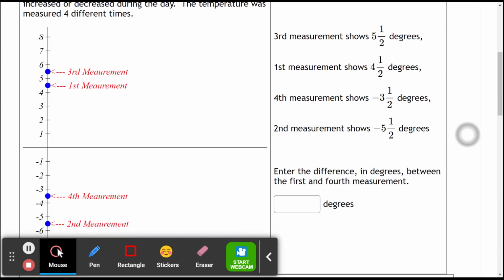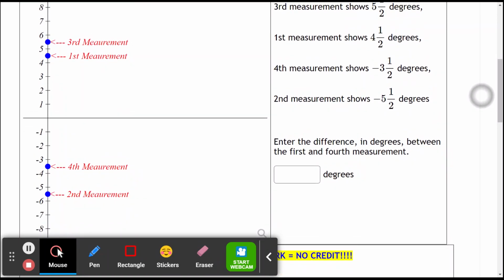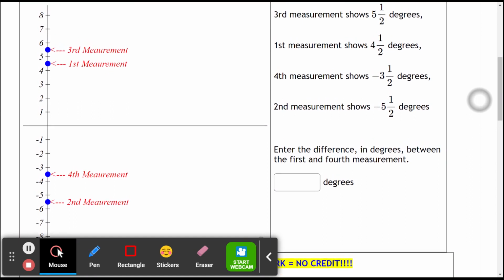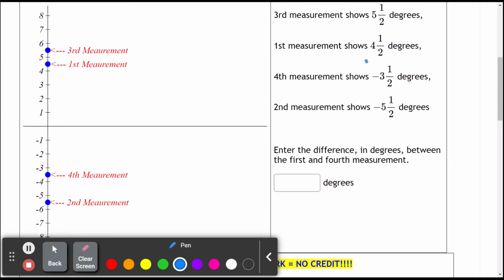Okay, this one, let's see. Enter the difference in degrees between the first and fourth measurement. The first one is this one right here, and the fourth one is right here. So this distance is 4.5.